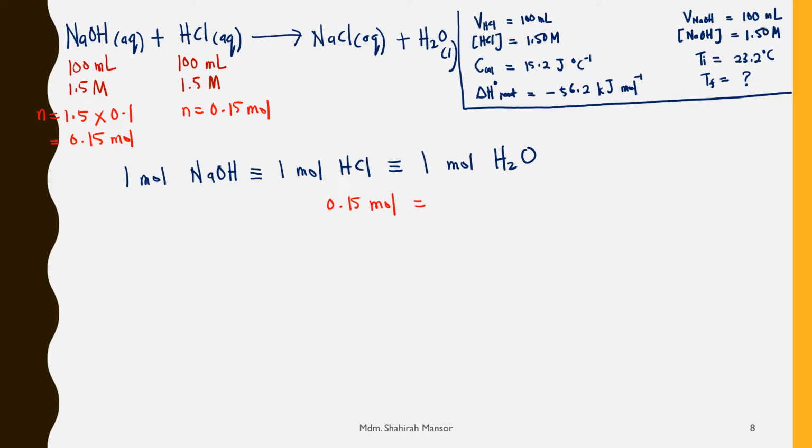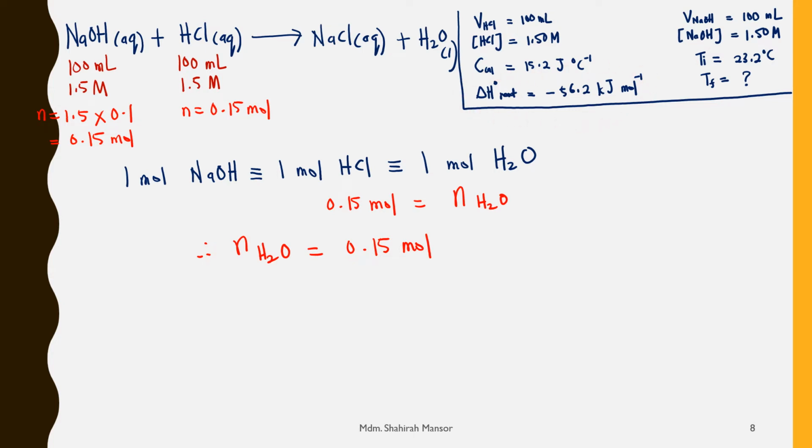So from here you boleh carilah n untuk water. So kita dapati bahawa n for water equals to 0.15 mole. Kenapa kena cari mole of water? Sebab kita nak relatekan dengan nilai enthalpy of neutralization di sini.